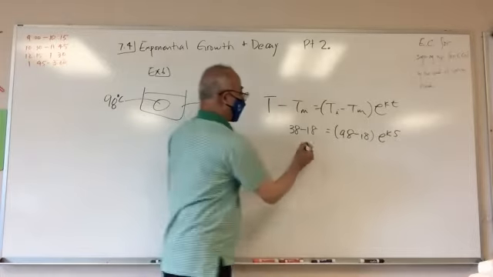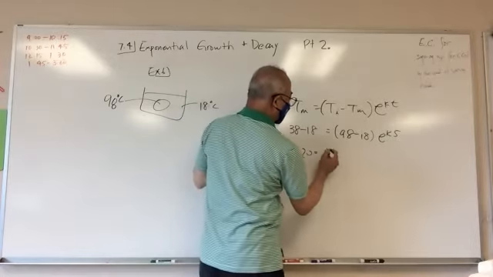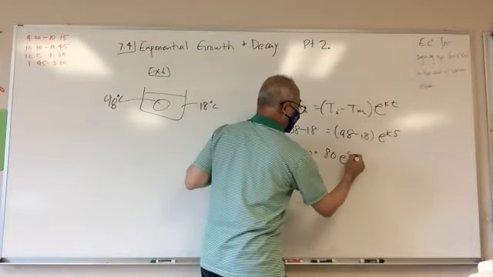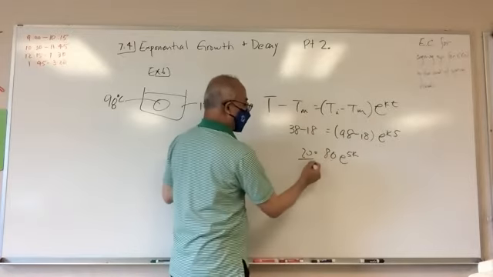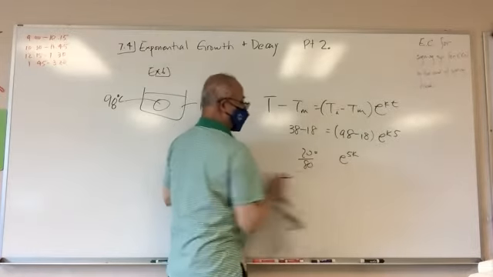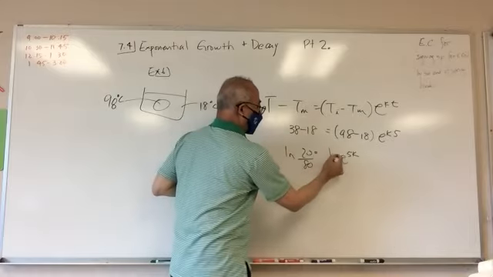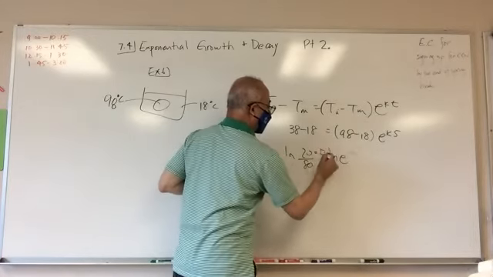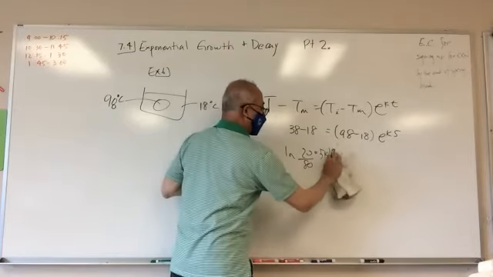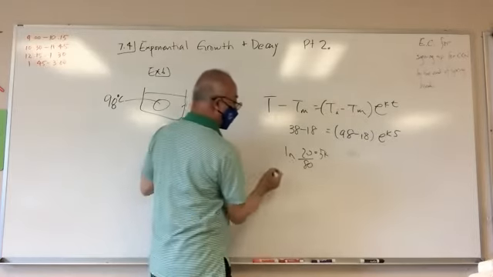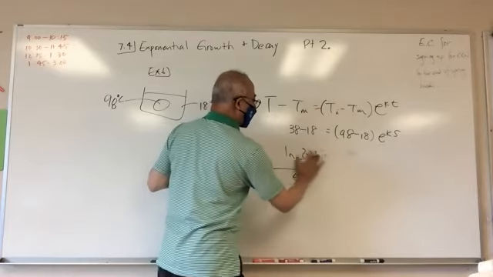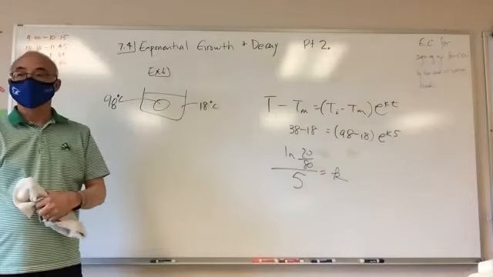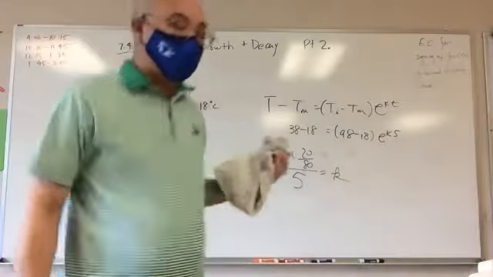Okay, so 20, 80, divide by 80. Natural log, 5K jumps forward. This guy is 1, so this guy divided by 5. That's what they're doing, they're giving you K there.